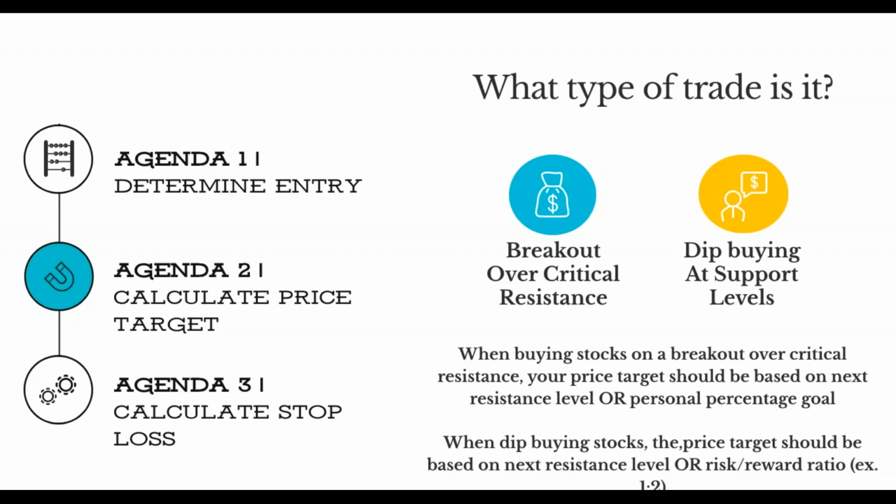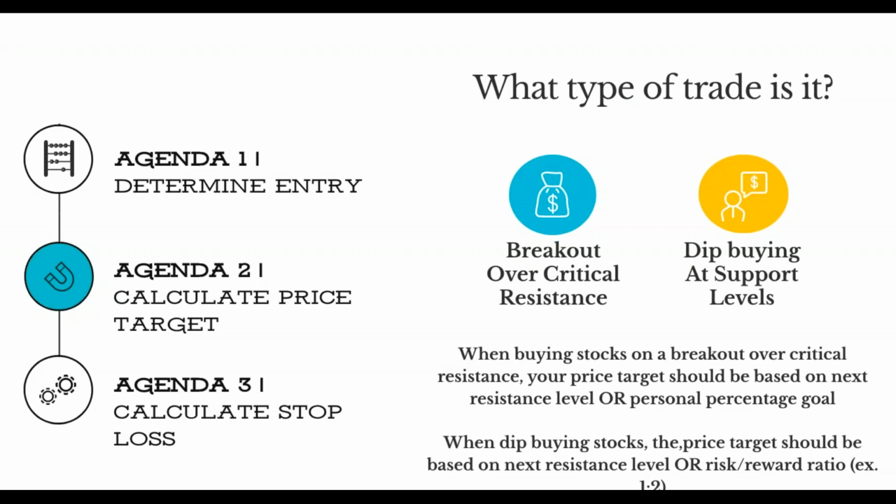Whatever personal goal you have, that's how I would recommend calculating a price target. That way you can determine whether or not it's worth taking the trade. Is there enough range and volatility to reach a price target in which you would achieve that profit dollar target?